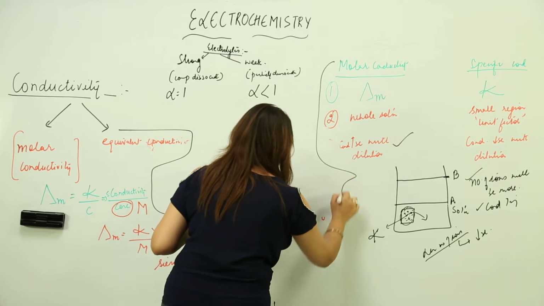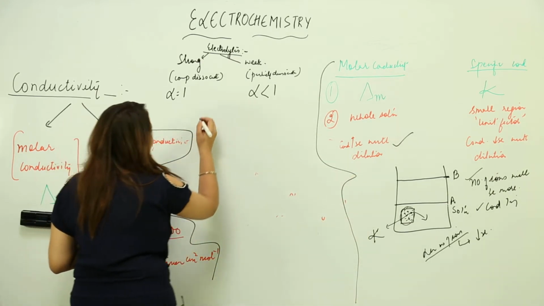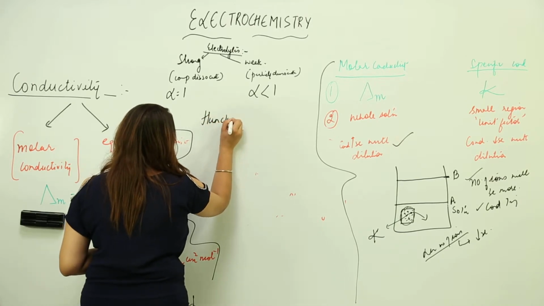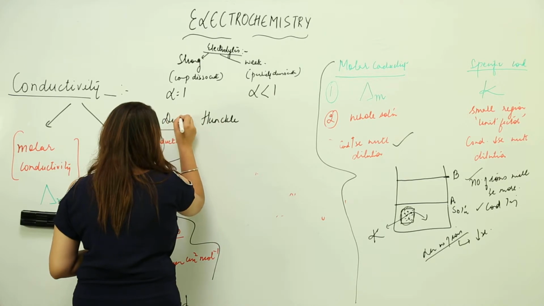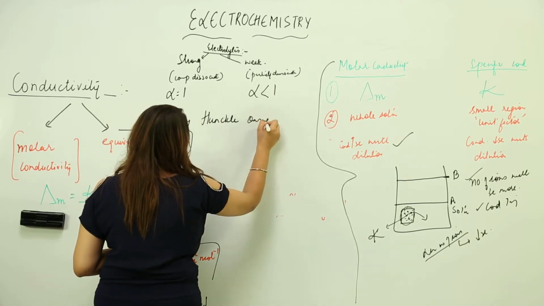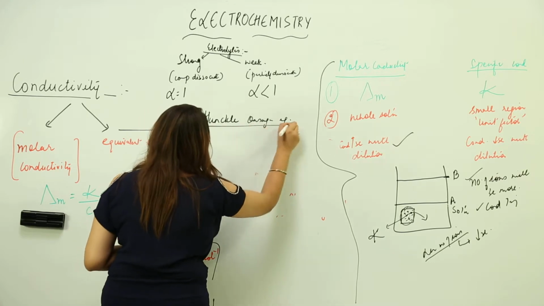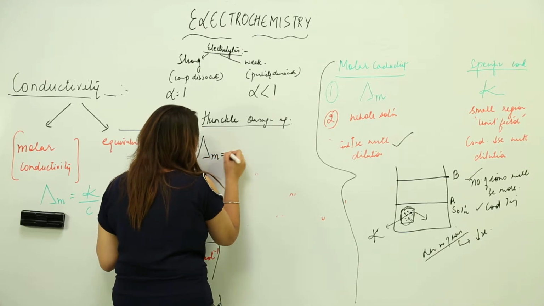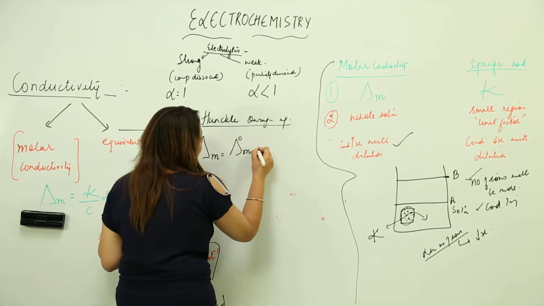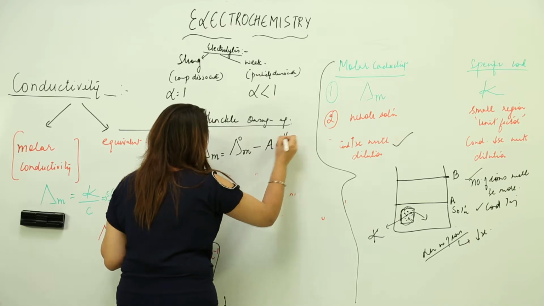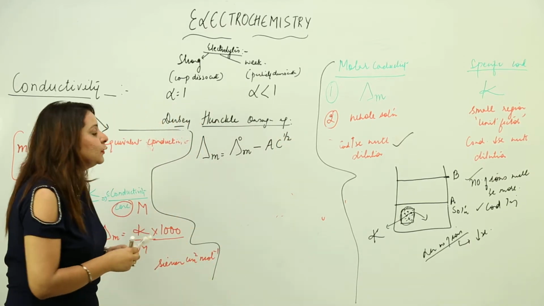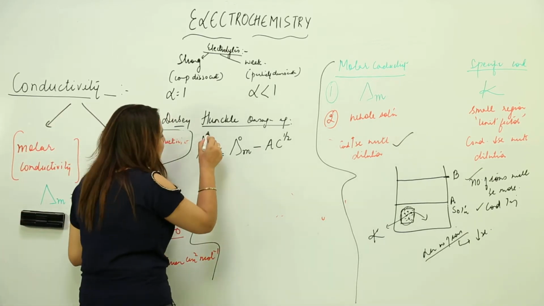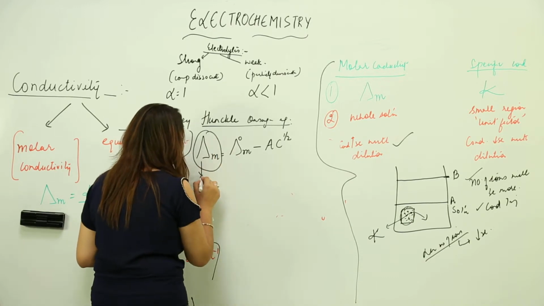I'll just write it separately so that you don't get confused. There is an equation called the Debye-Huckel equation. This equation says that lambda m is equal to lambda naught m minus A C raised to the power half. Let's see what the symbols signify. Lambda m is the molar conductivity for any substance.